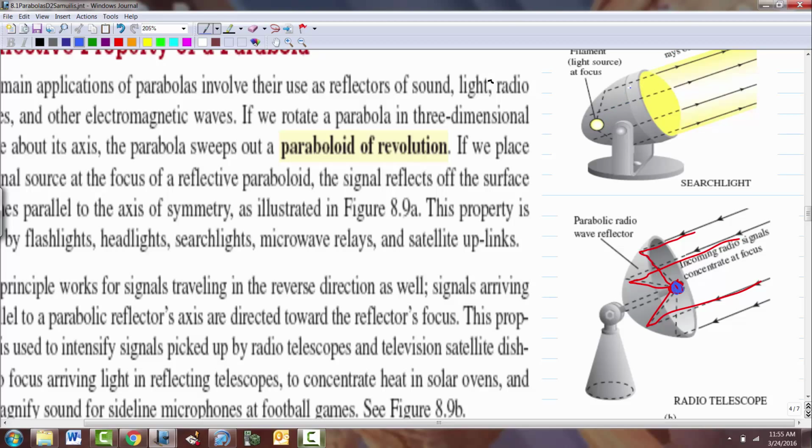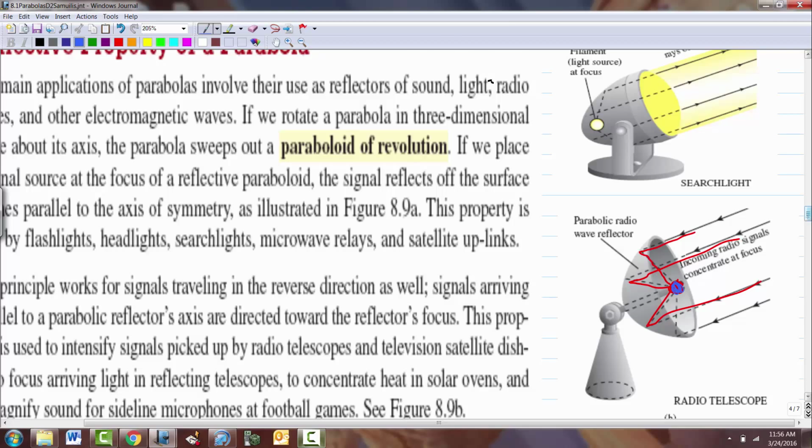But the light that hits the reflector, which is a paraboloid, gets directed forward, and that's that intense point of light that you see that the flashlight makes. Because the filament is at the focus as well, the optimal position to reflect the light in a straightforward direction.